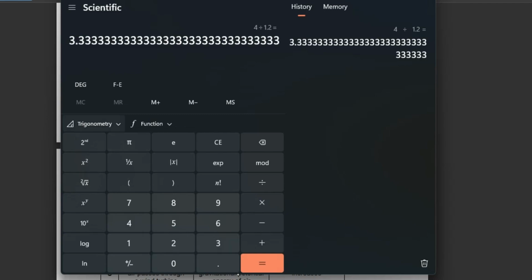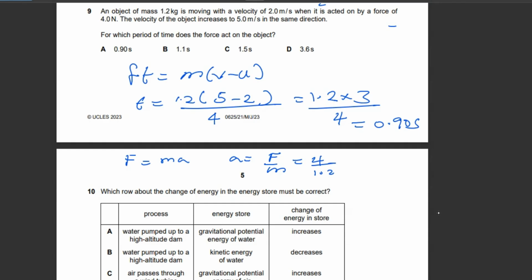So that gives us 3.333. So this is 3.33 meters per second square.